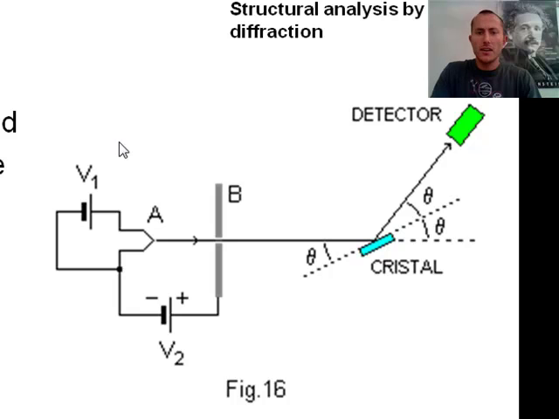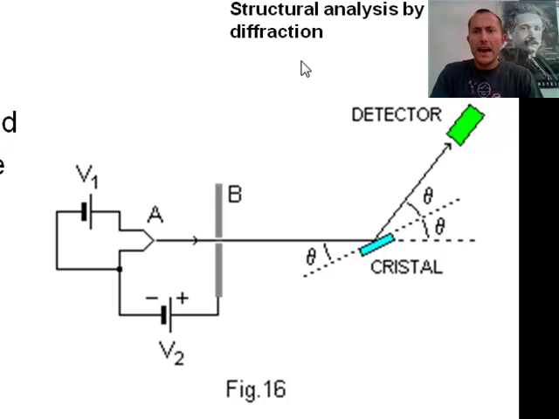You can see the setup here just in a really basic diagram. Essentially what they had was a beam of electrons coming out of the spot A here, passing through an opening and then striking the surface of a nickel crystal that was at some angle. Then they had a detector that moved around the outside and was able to measure the number of electrons that were passing through that point.